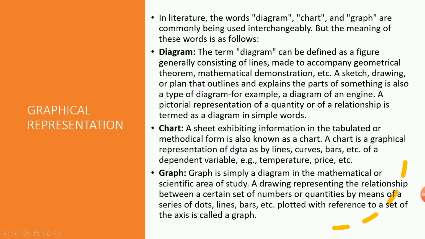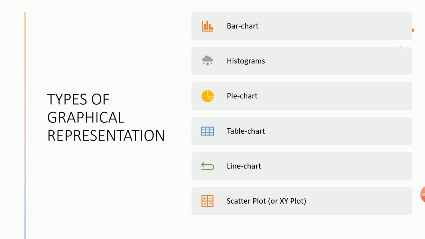Whereas a chart need not be like that. Even a pie chart is there, where though we have different types of variables, still we won't confine it into an x and y mode. So that is the difference between chart and graph.